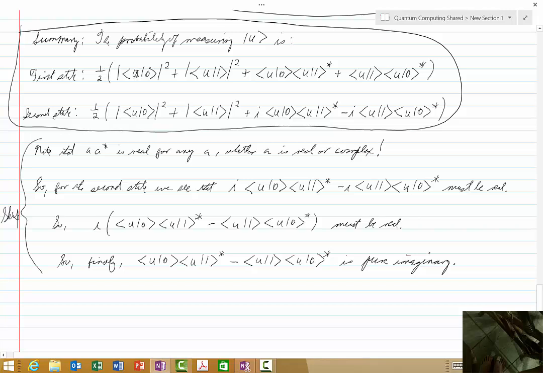Remember, we know that if u is equal to the 0 vector, or if u is equal to 1, we've already seen that these expressions will be the same in that case. And it's easy to see why, because, for instance, if u is equal to the 0 vector, then this term right here would be 0, and this term right here would be 0.